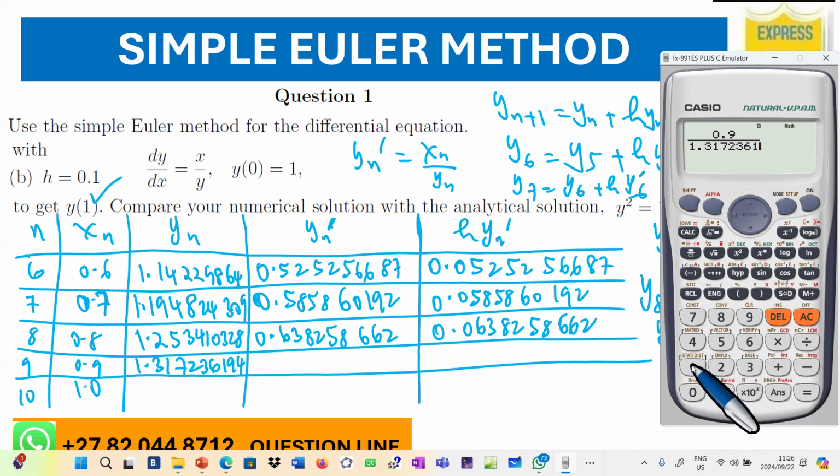0.9 divided by 1.3172 36194. So now, okay, so you have this one, 0.6832487762.